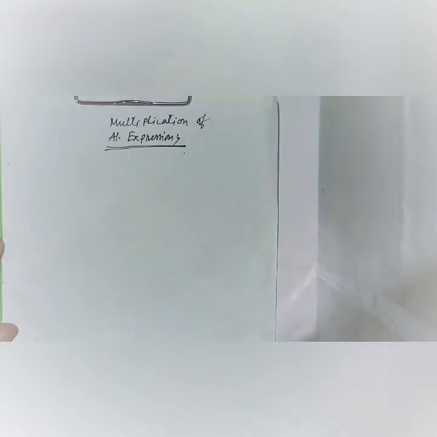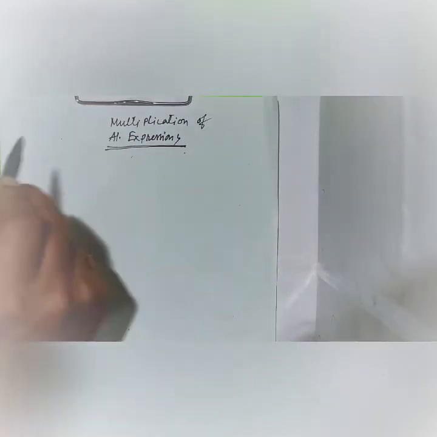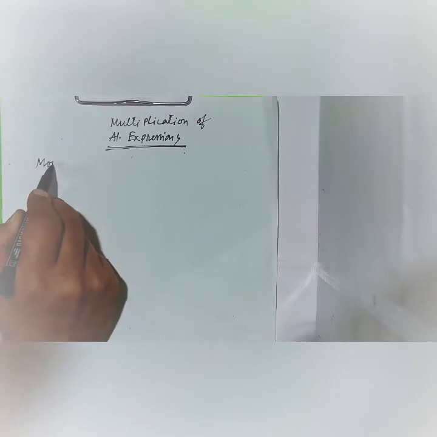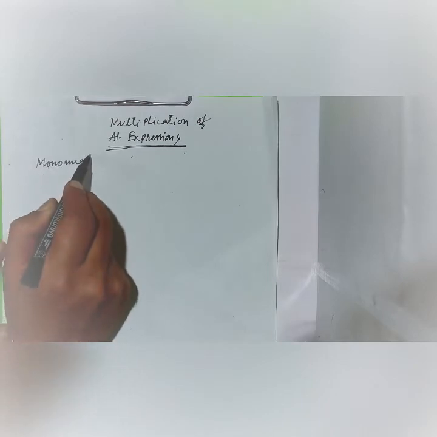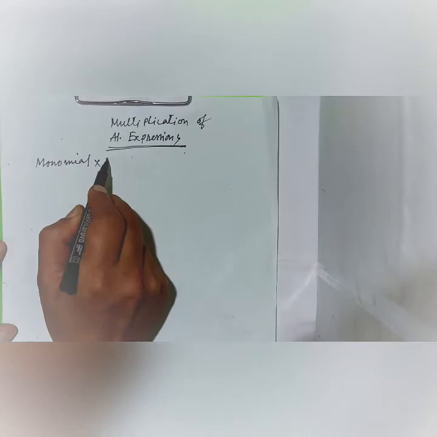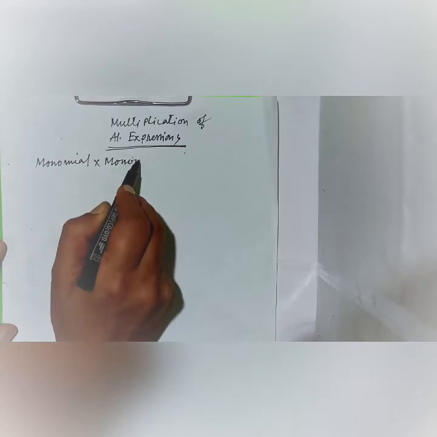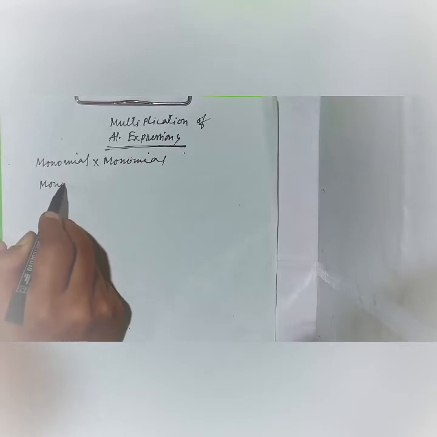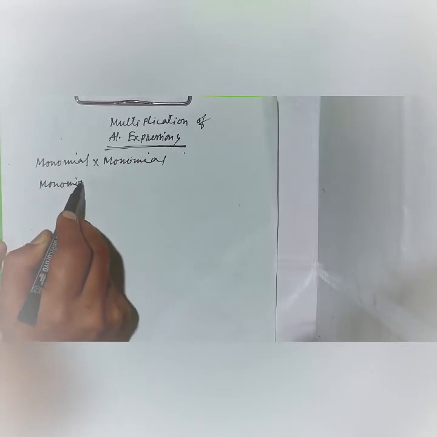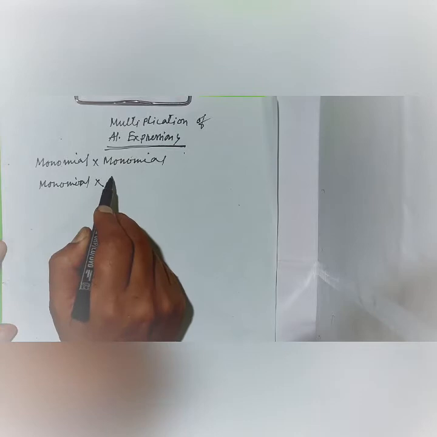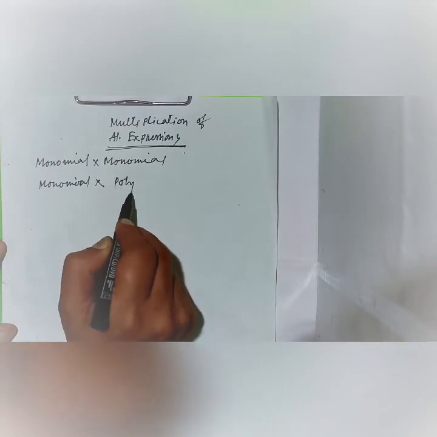Basically, in this video you will learn these types of multiplication. Number one, monomial multiplied by a monomial, and then monomial multiplied by a polynomial.